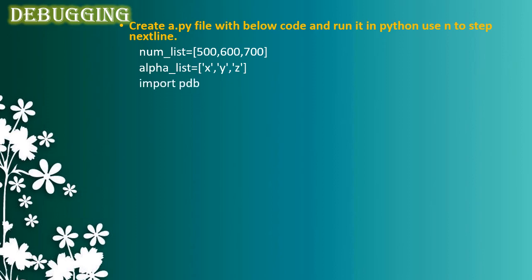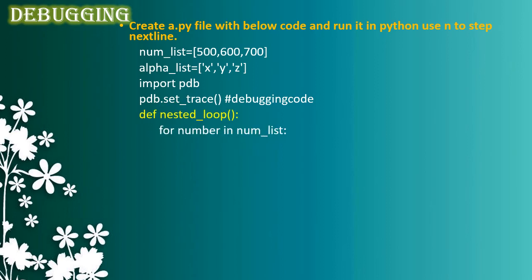Two list variables are assigned, one is an integer list and another one is a string list. Next we import pdb to call the set_trace function, and inside the user-defined function nested loop we display the five numbers of the list one by one, and under that we display the letters.